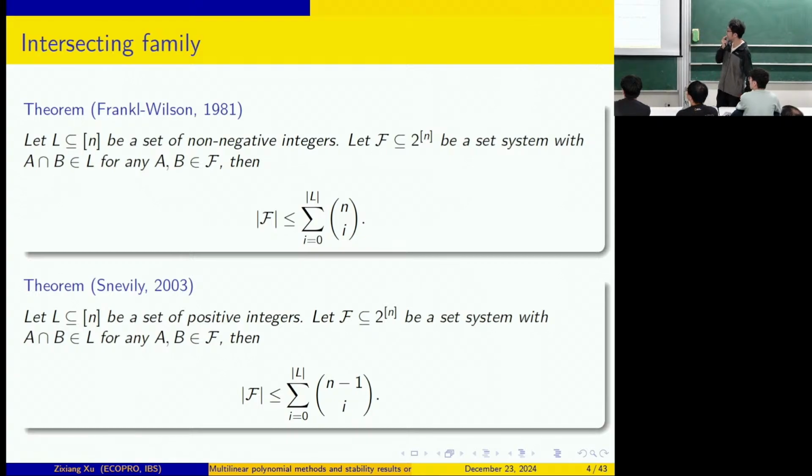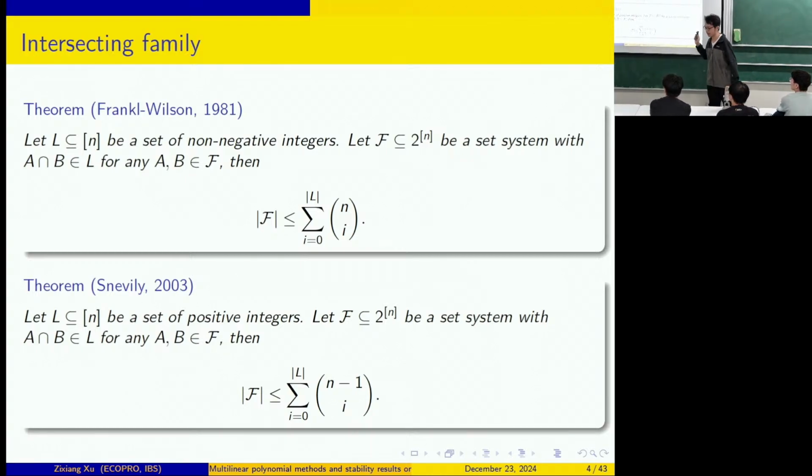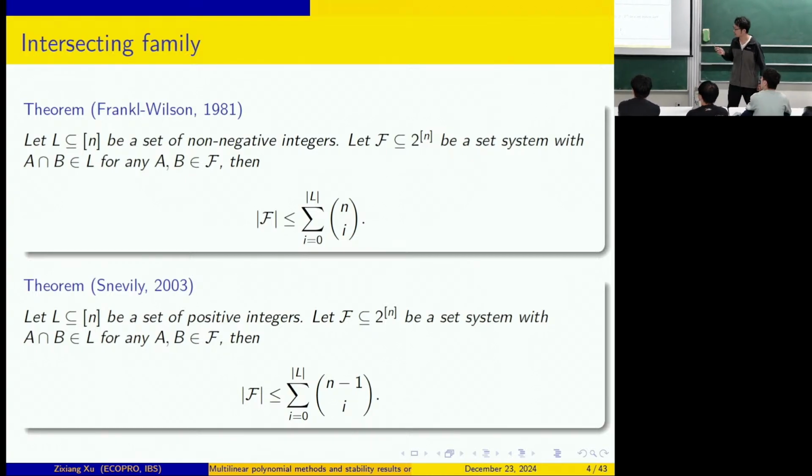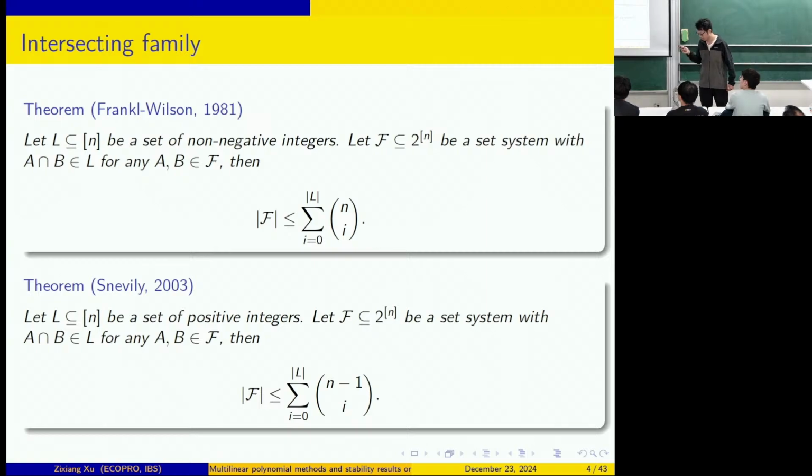Later, maybe 20 years ago, Snevily successfully improved this upper bound, you can see from the value n to n-1. And the latter upper bound is sharp, because you can use some tools from finite geometry to construct a tight lower bound.